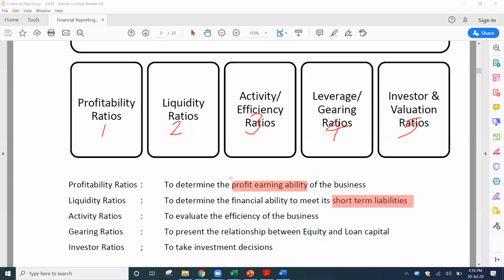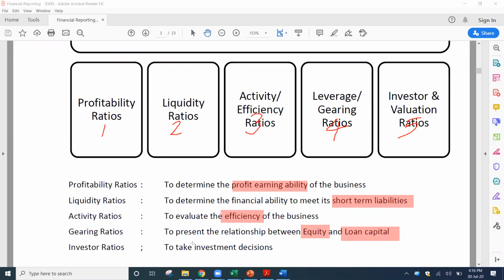Right? Then the third one is efficiency ratios. Activity means efficiency, so from those ratios we evaluate the efficiency of the business. The gearing ratio is mainly the equity capital and the debt capital, the loan capital; we compare the equity capital with the debt capital.